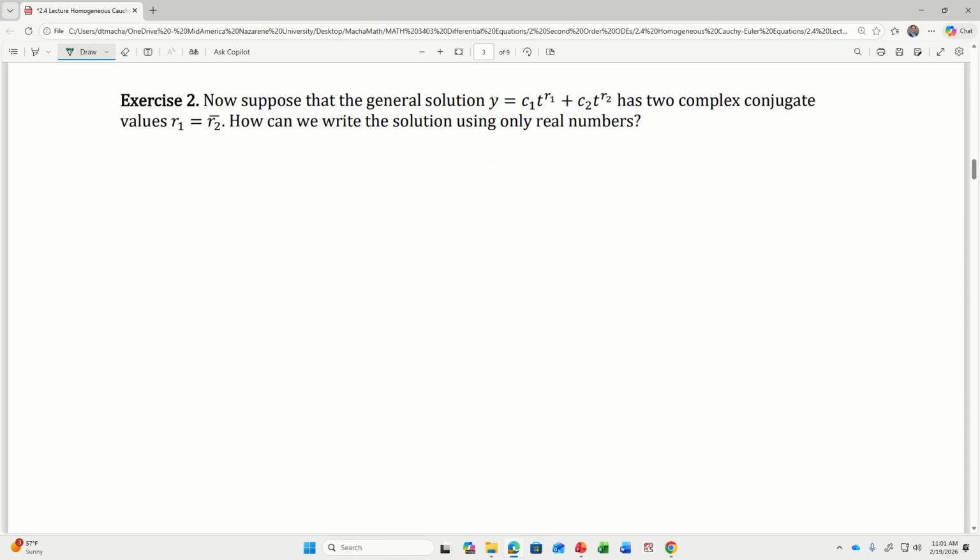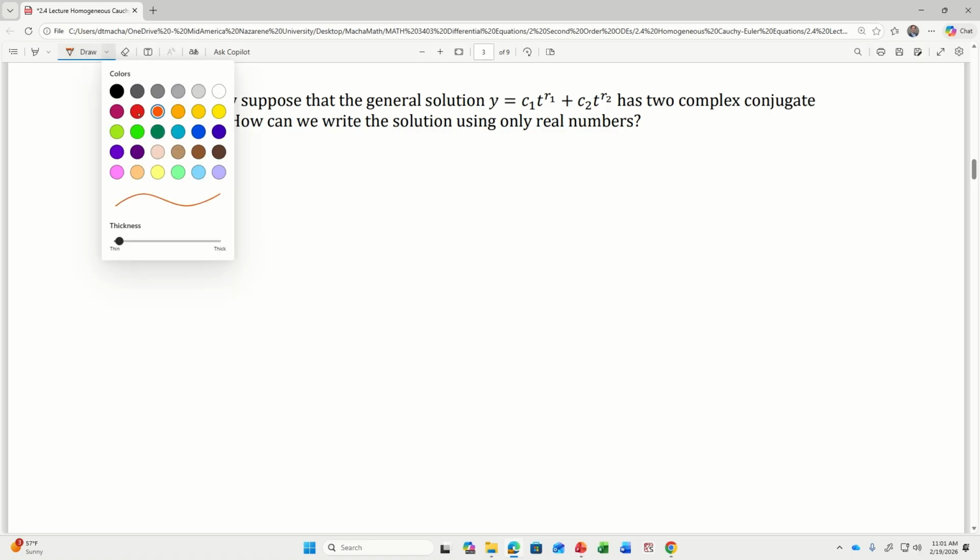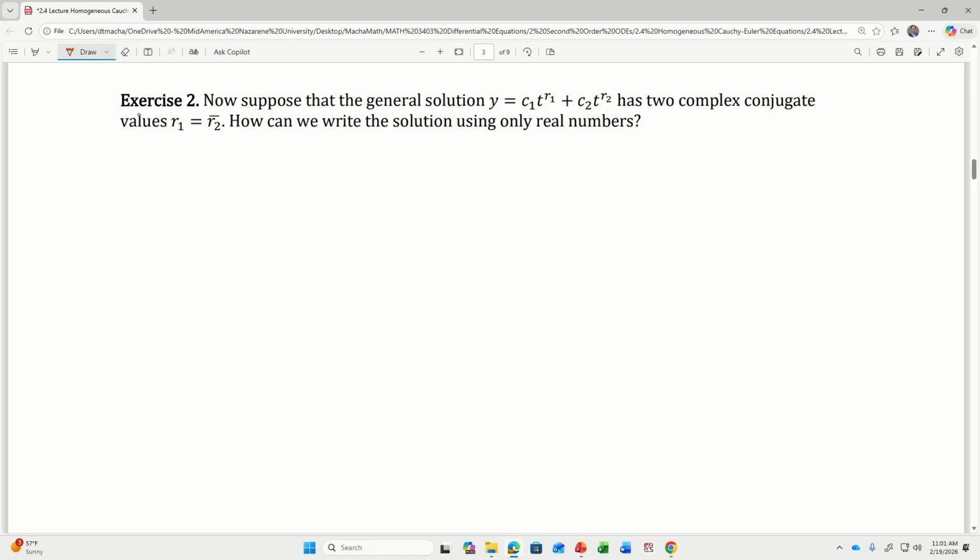The next case is, well, what if r1 and r2 are not distinct real numbers, but what if they are complex conjugate values? In other words, what if my discriminant, which is b squared minus 4ac, what if the discriminant is a negative number?